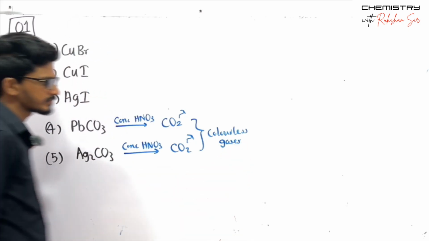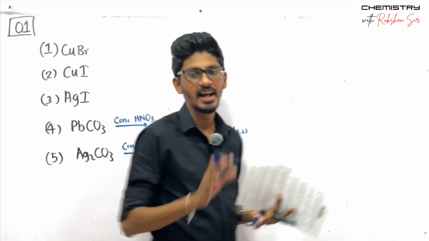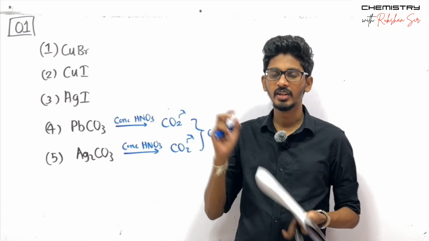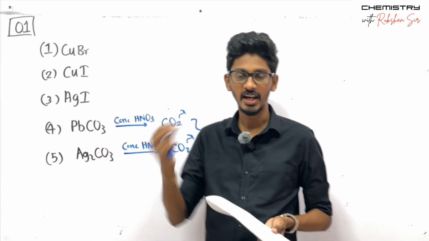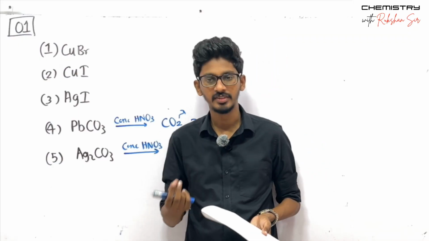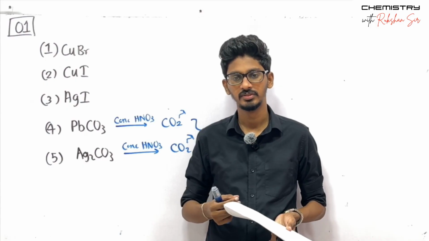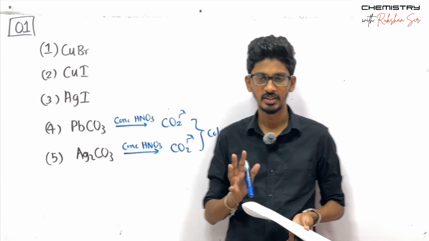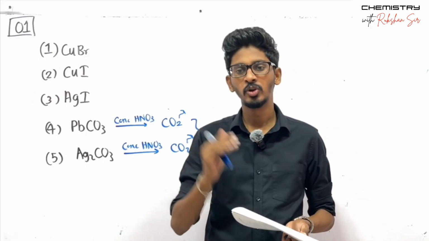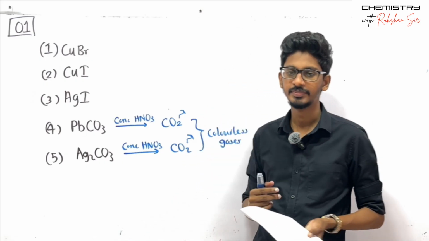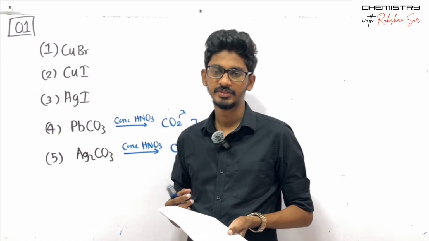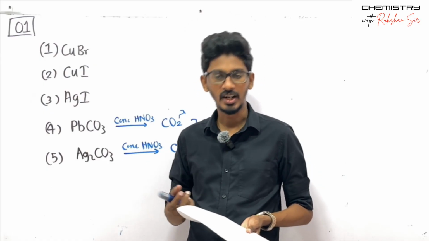We know there are 5 anions which will release gases with dilute acids. Those will release the same gas with the conc acid as well. Out of those 5, only NO2 minus gives you NO2 gas, a dark colored gas.